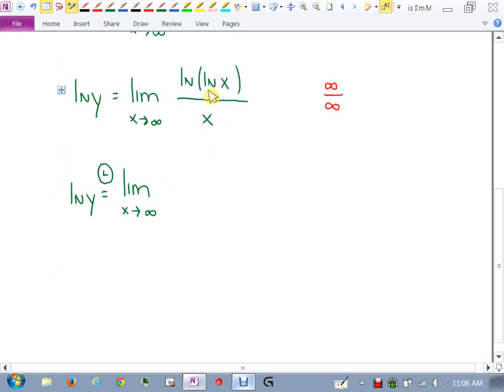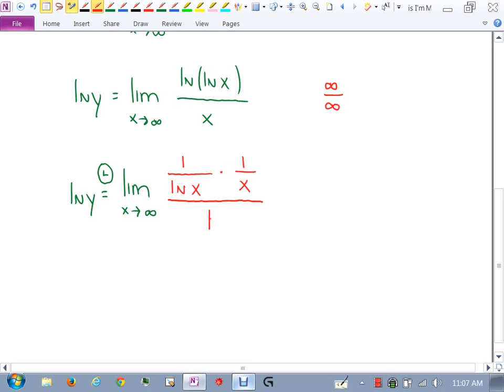Okay, so the derivative of natural log of u, of something, is 1 over that something. So 1 over that, times 1 over x. The derivative of what was inside is the derivative of natural log, which is 1 over x, right? Then times 1, which you don't necessarily need. So that's the derivative of the top, all over 1.